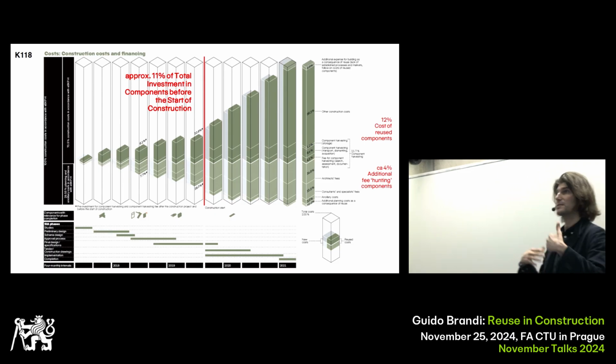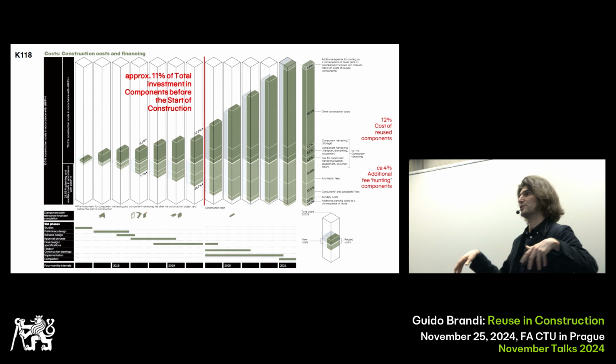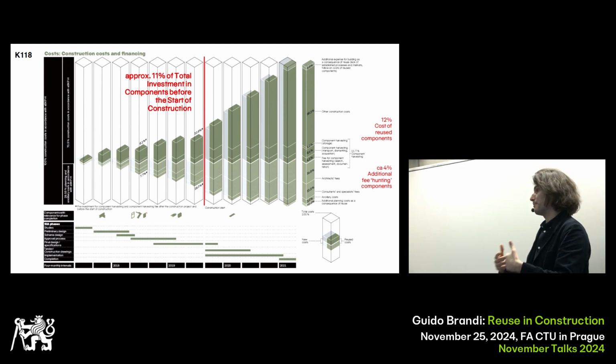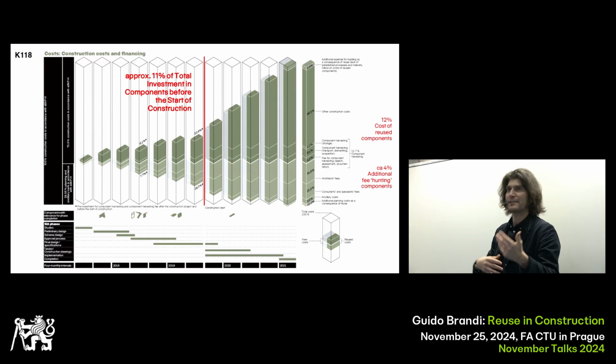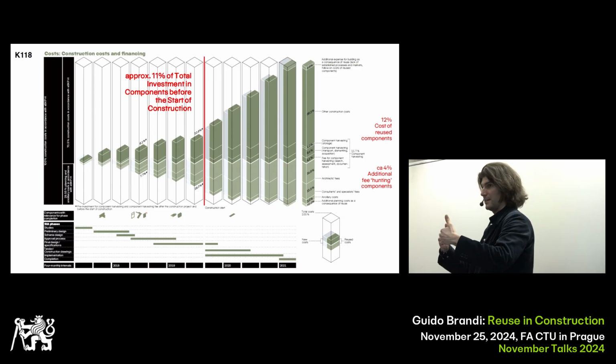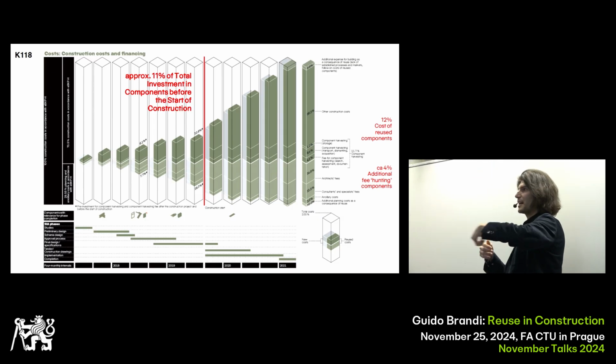You have to imagine this is a lot of money, because normally before construction starts, you pay just the architects, the planners, the engineers. Then they get the building permit. After this, the construction site starts, and you pay the construction firm that buys the materials and starts to build.